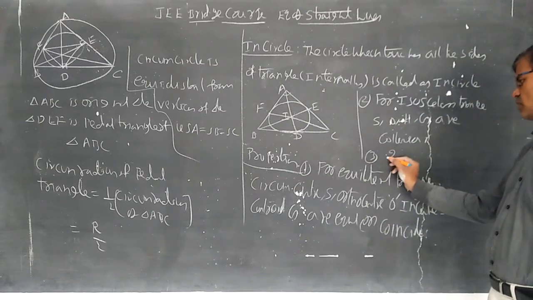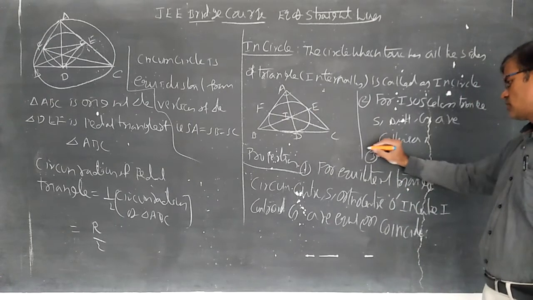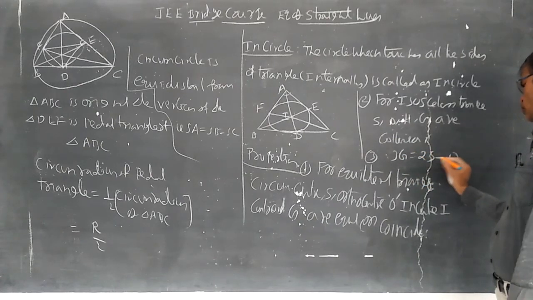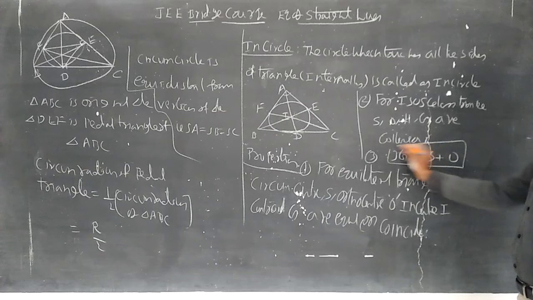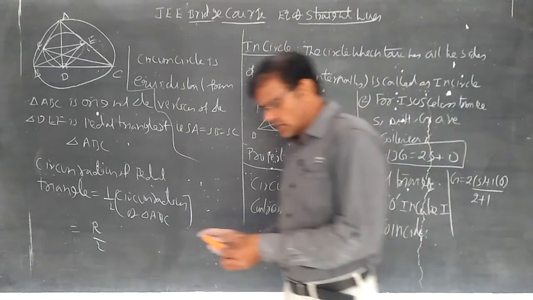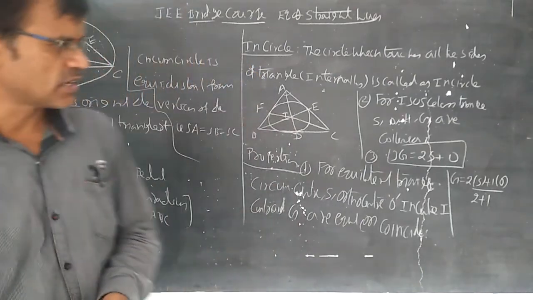Now another formula you can understand. 3G is equal to 2S plus O. What is 3G is equal to 2S plus O? That meaning G is equal to 2 into S plus 1 into O by 2 plus 1. I think you know the section formula, mx2 plus nx1 by m plus n concept.